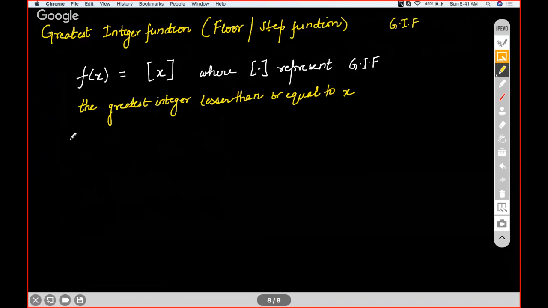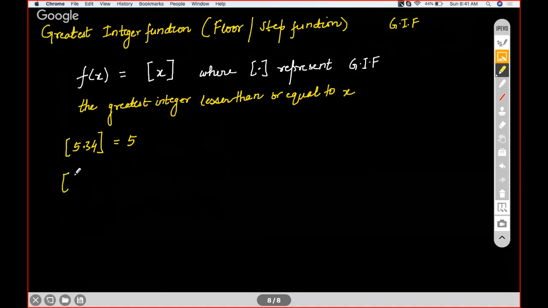So if I ask you what is the GIF of 5.34, the greatest integer lesser than or equal to 5.34, what is it? 5. It cannot be equal to, of course, because no integer can be equal to a fraction like this. So it's 5.